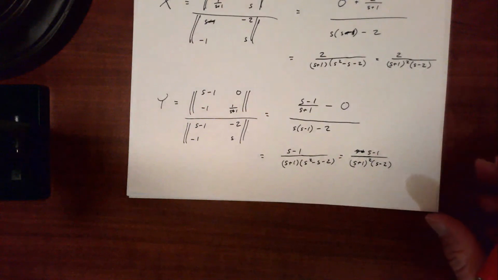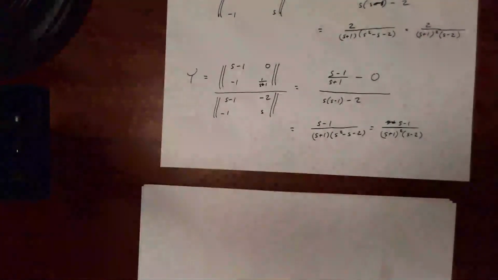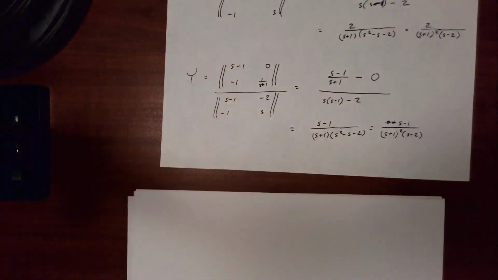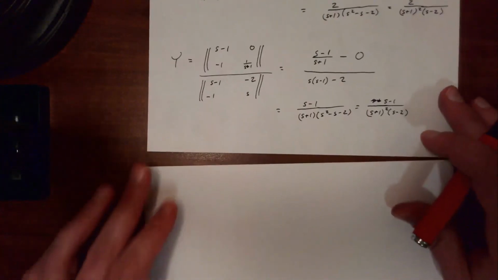All right, well, now we've got our capital X and capital Y, but we don't have them yet in a form that's going to be convenient for finding inverse Laplace transforms. So let's figure out how to decompose them using partial fractions to get what we need here.